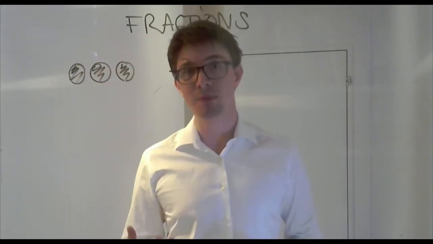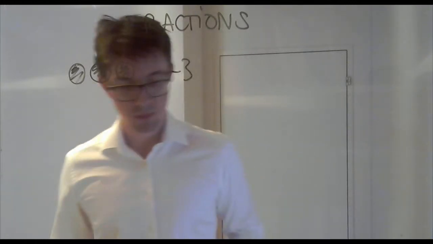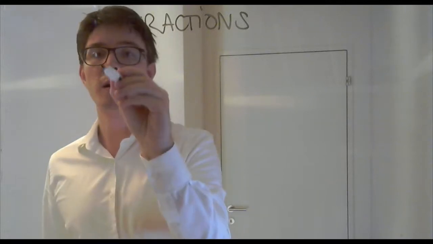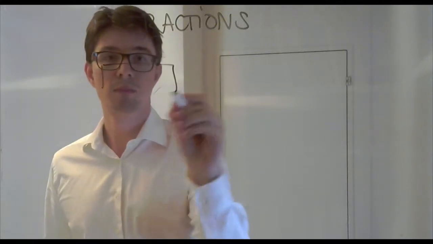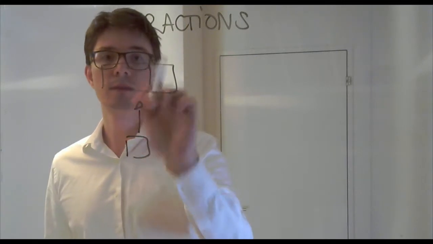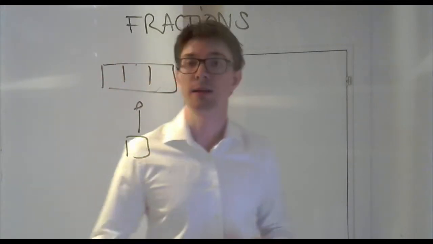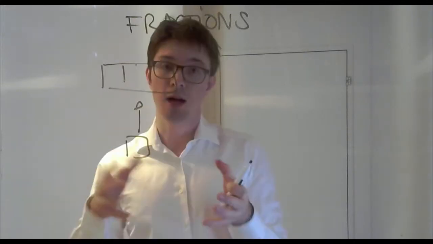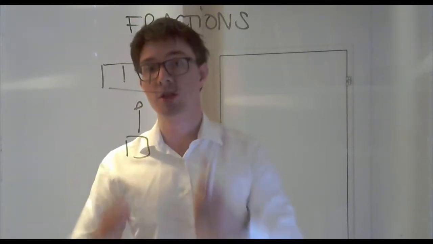Now we do the same with copying machines. So we consider a copying machine like this as standing for the number 3. And now we ask, how can we operate on the copying machines themselves?